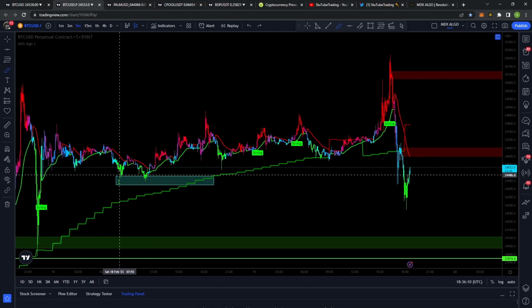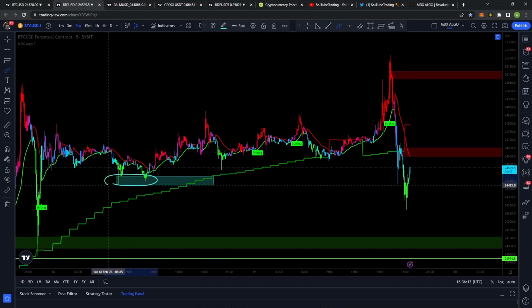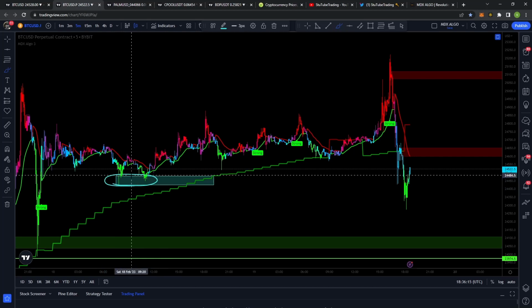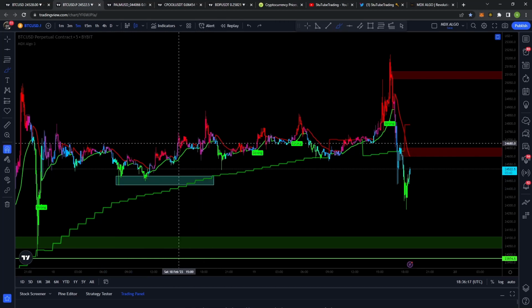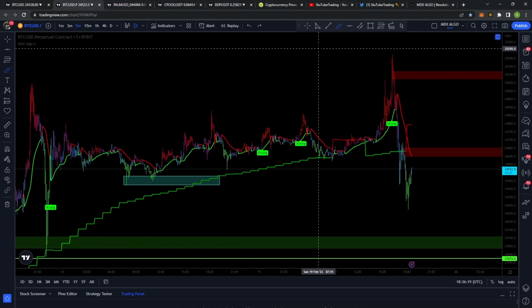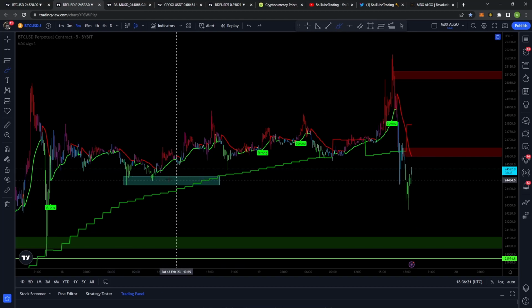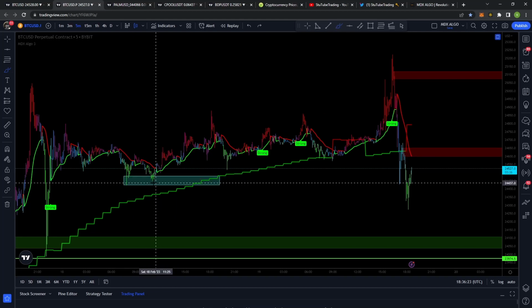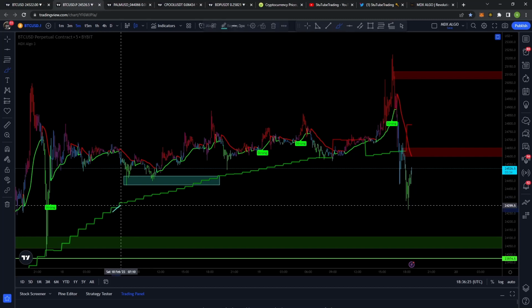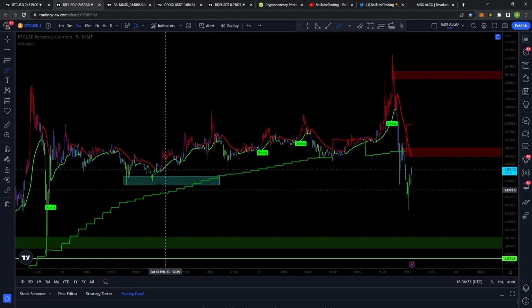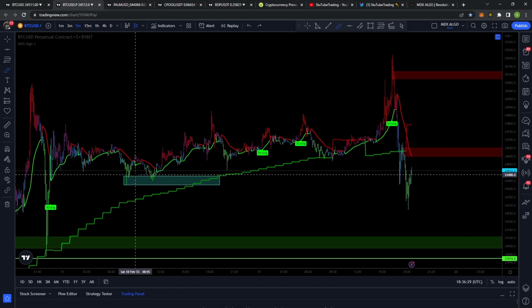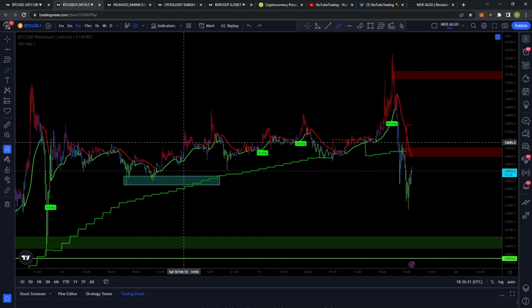This is actually something I pointed out to a few buddies yesterday. I entered a position at this level yesterday. My reasoning was I was seeing this little blue box as a potential double bottom. It is just a 5 minute, but we were getting close to the 1 hour trend confluence. It was catching up to the price. On top of that, the candles were flipping a bright green color.